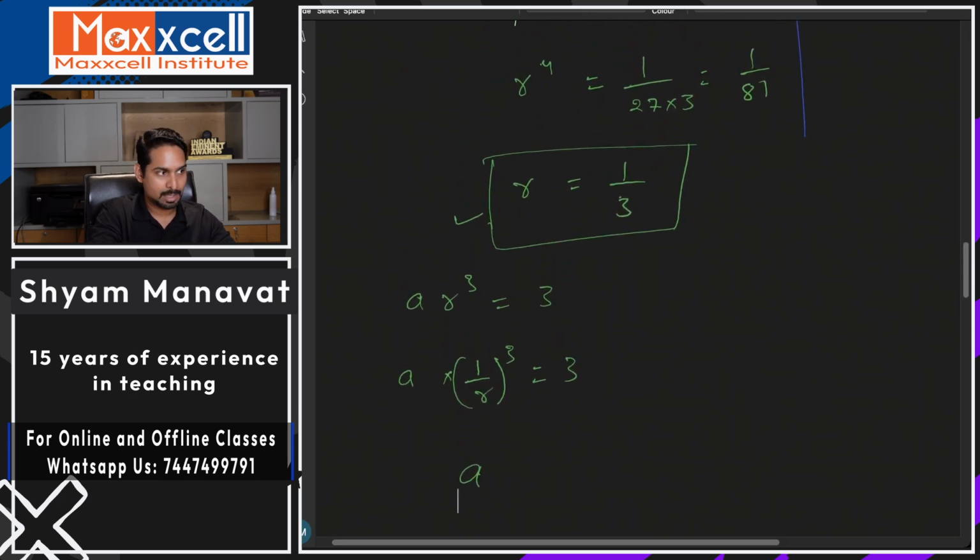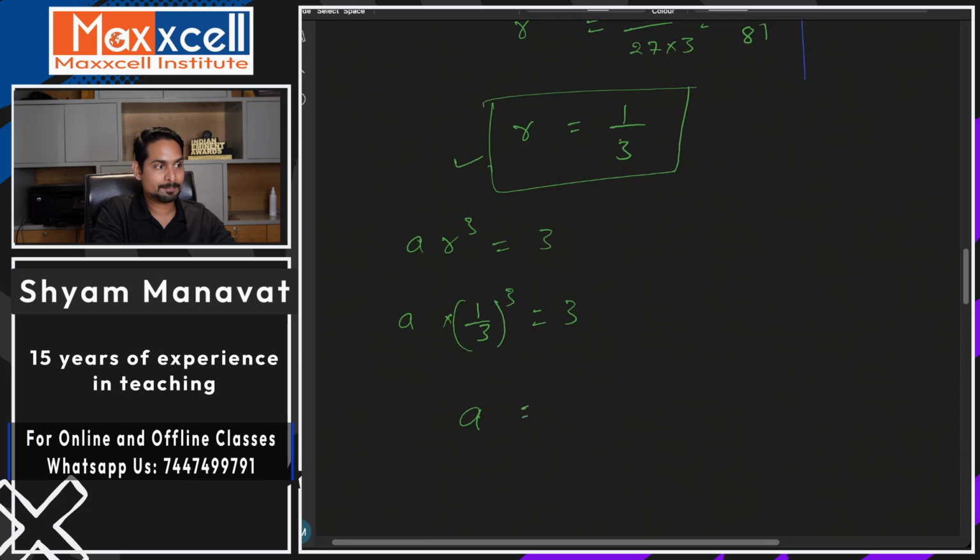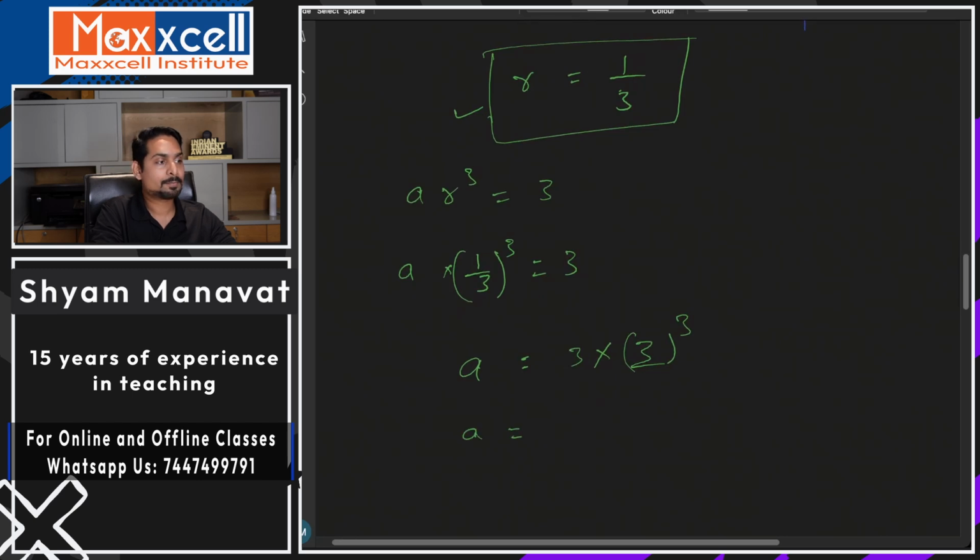What am I doing? R equal to 1 upon 3, substitute here. What do you get? Cross multiply. So 3 into 3 upon 1 to the power 3. So A is nothing but 3 raised to 4. That's 81. Correct?